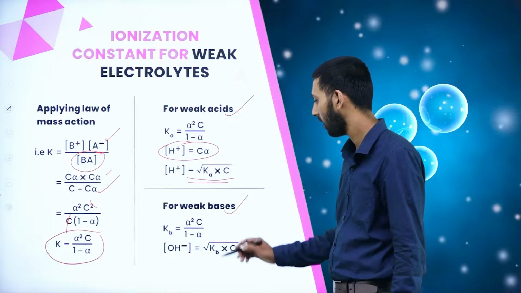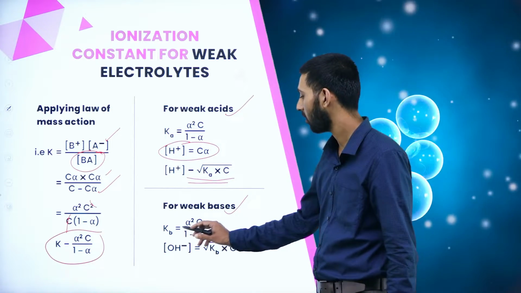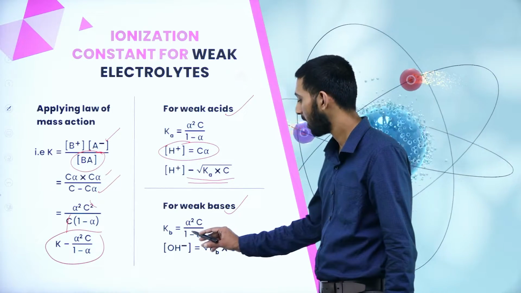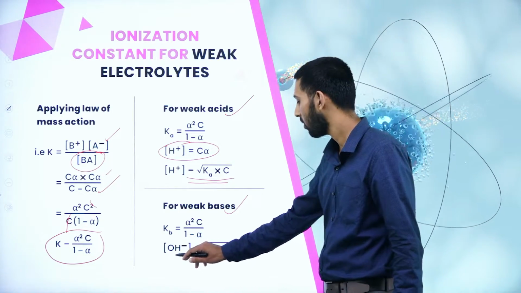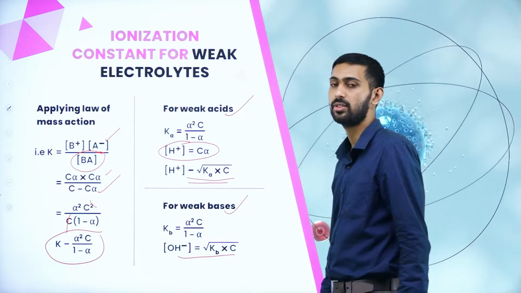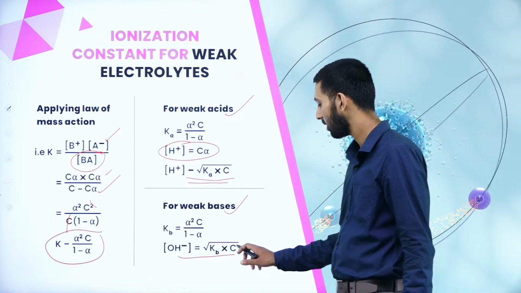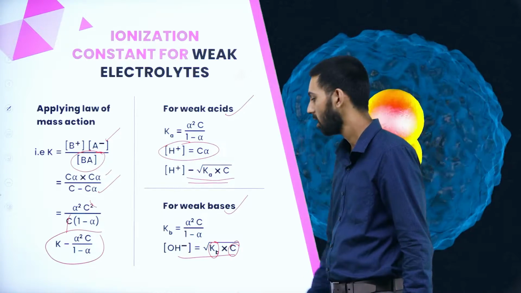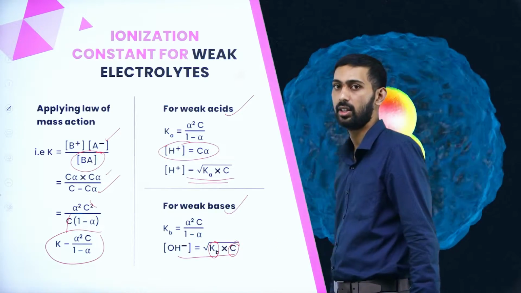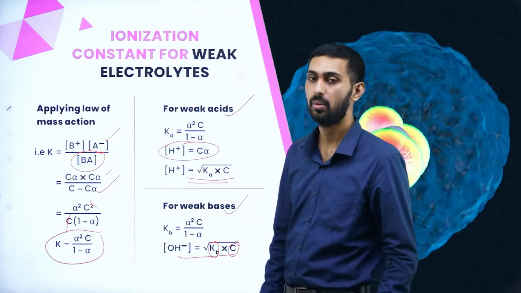Kb is equal to alpha square C divided by 1 minus alpha. So the OH minus ion concentration is equal to root of Kb into C, where C is the concentration and Kb is the dissociation constant. This is the relationship for weak bases.